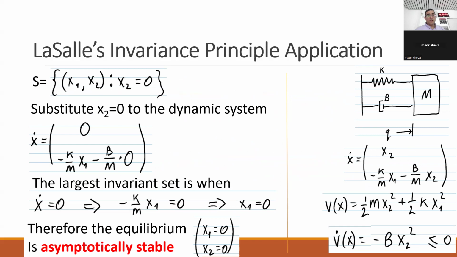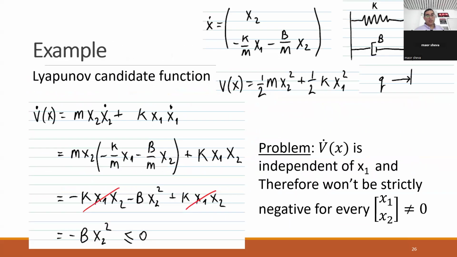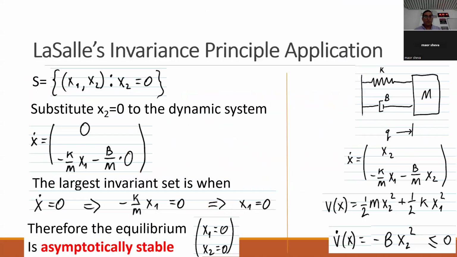Now, in our case, we have X dot, we have V, and we have V dot, which is minus B x2 squared. Now, we look at the set where V dot is 0. V dot is 0 when X2 is 0.